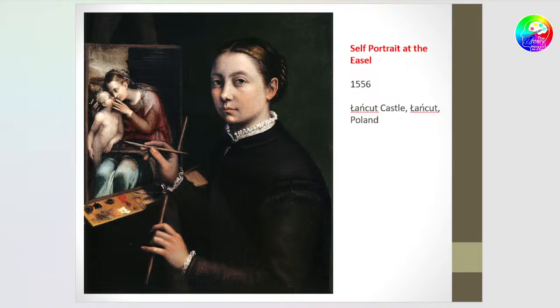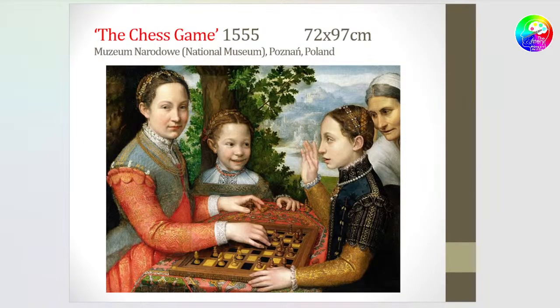And one of my most favourite paintings by Sofonisba Anguissola is this, the chess game. Just look at that little girl's grin. And it's not even a huge painting for 4 portraits. So, as a young woman, Anguissola travelled to Rome, where she was introduced to Michelangelo, who immediately recognised her talent.